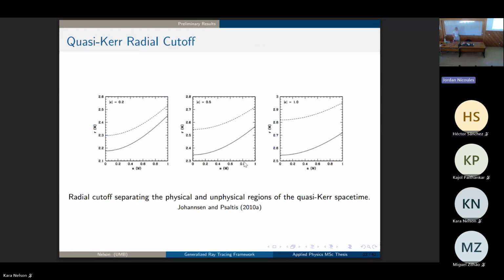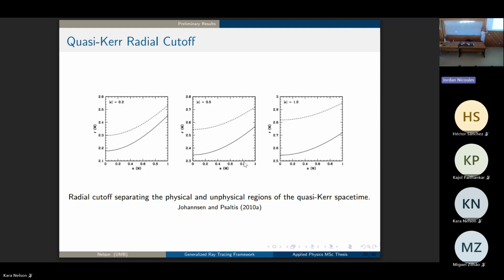Like I said, the radial cutoff is very important. We can't get too close to this 2M value. Johannsen has a very nice explanation of how the radial cutoff needs to be investigated with different levels of spin.